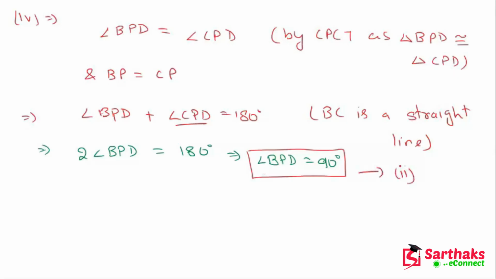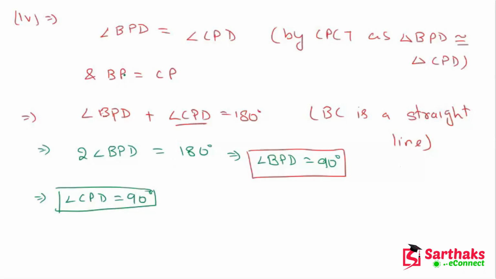This is the second equation. So angle BPD is 90 degrees, and angle CPD is also 90 degrees, because these two angles are equal.